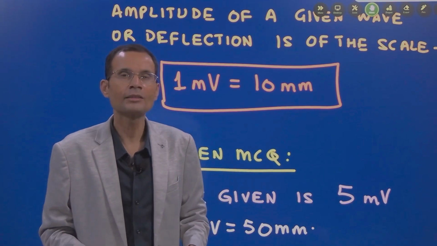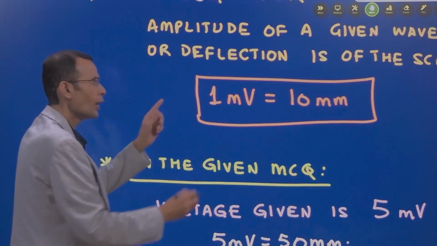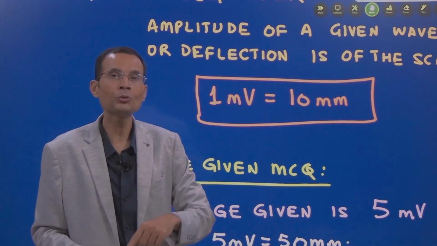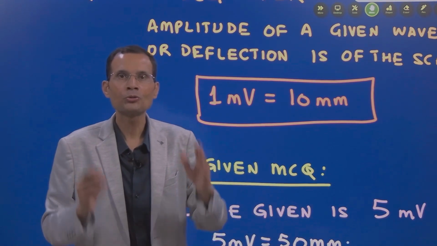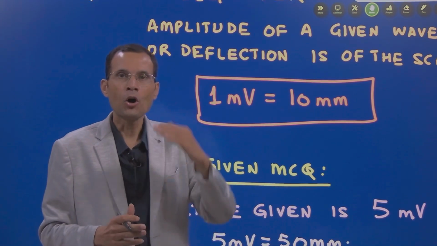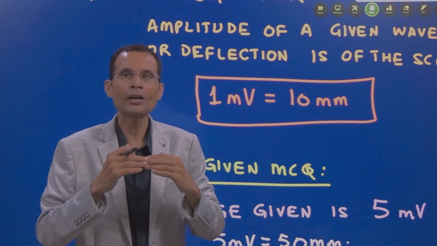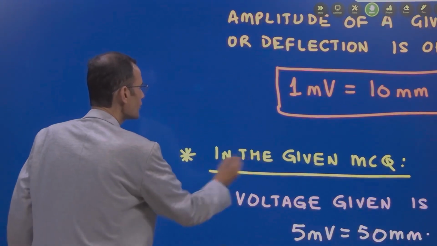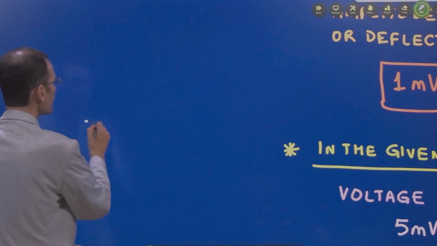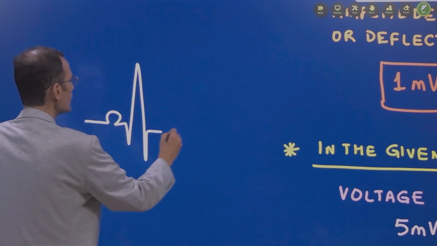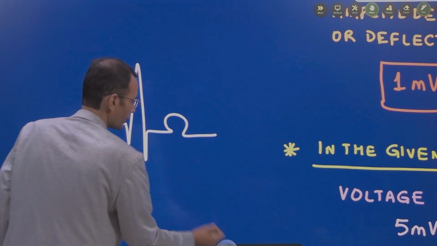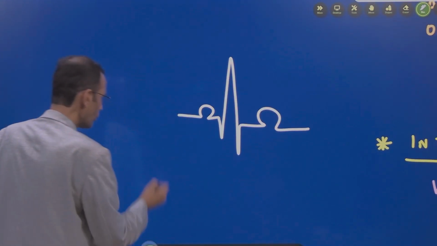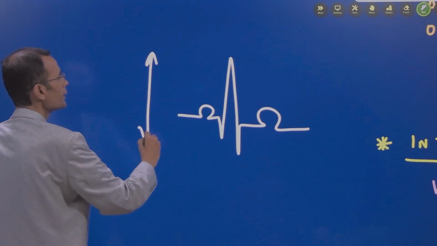If that is the case, then 1 millivolt will be equal to 10 millimeters. So hold this thought. On the vertical axis, where we are talking about the amplitudes of the waves, we measure the amplitude of these waves vertically.